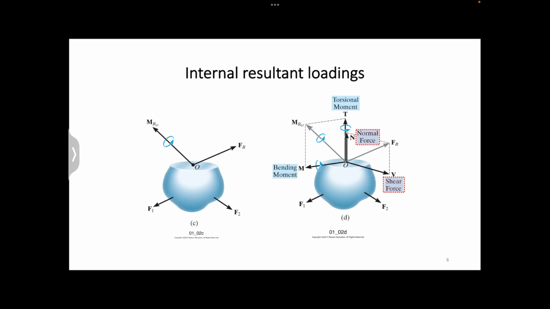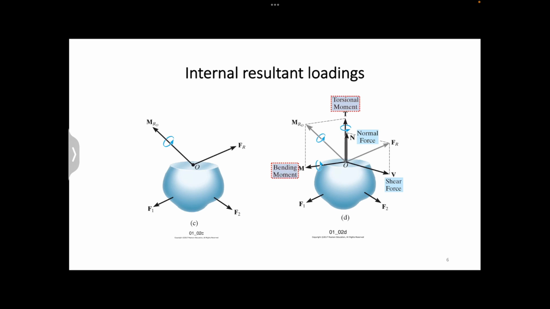In the same manner, if we decompose the resultant moment vector into two components, the one perpendicular to the surface will be called torsional moment, and the other will be called bending moment. We can see that the torsional moments tend to cause the relative rotation between the top and bottom half of the body, while the bending moment tend to bend the body at the cut location.